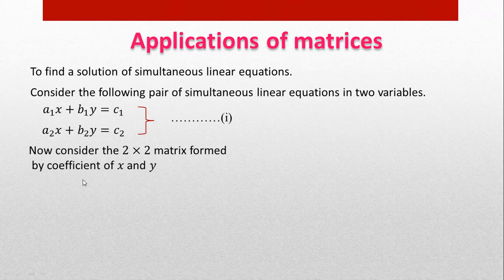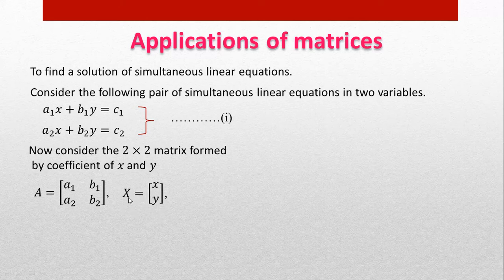Now if we consider the 2 by 2 matrix formed by the coefficients of x and y from both the equations, suppose A is equal to, written in matrix form, a1 b1 and a2 b2, like this. This is the 2 by 2 matrix formed by the coefficients of x and y.